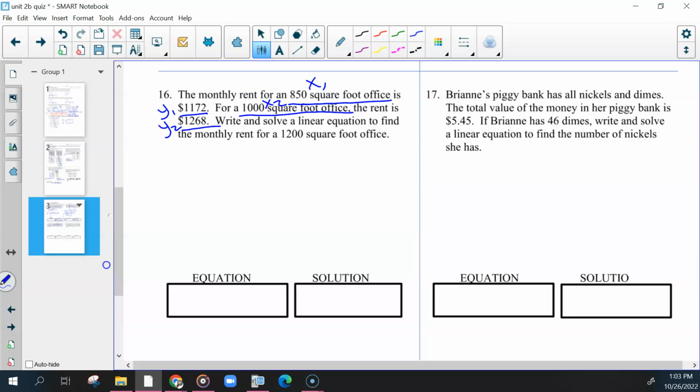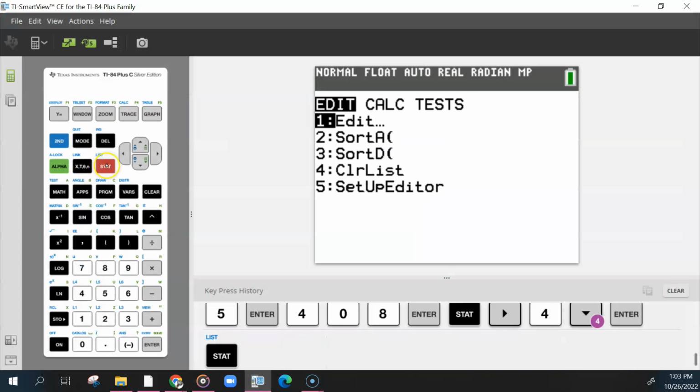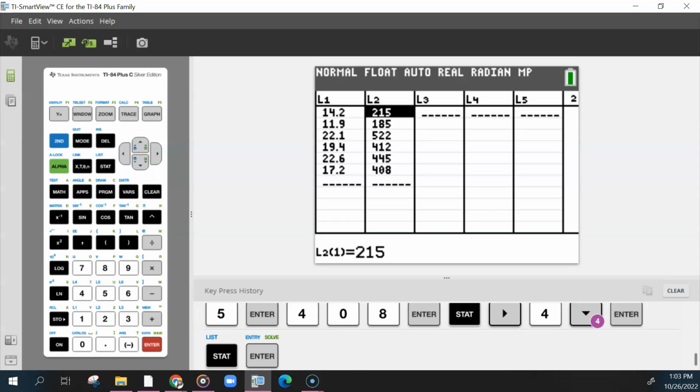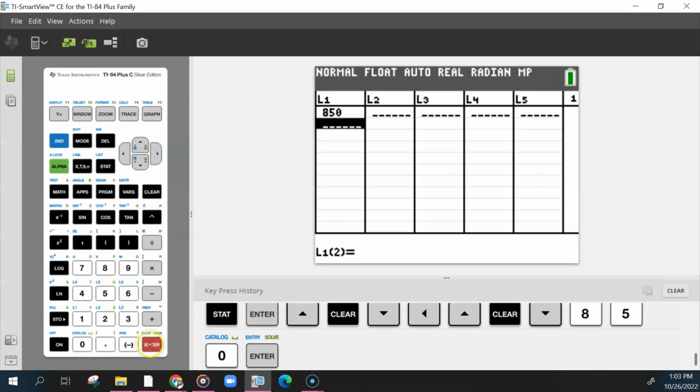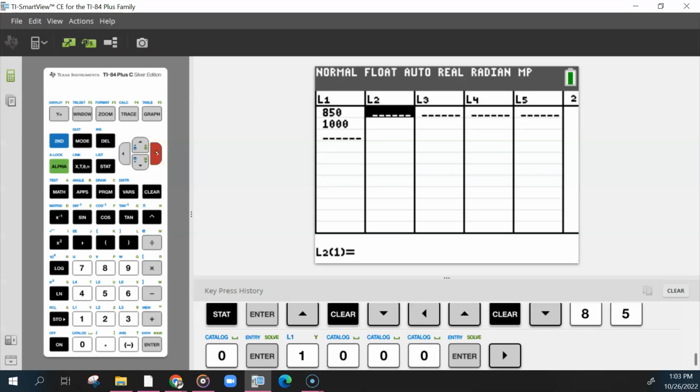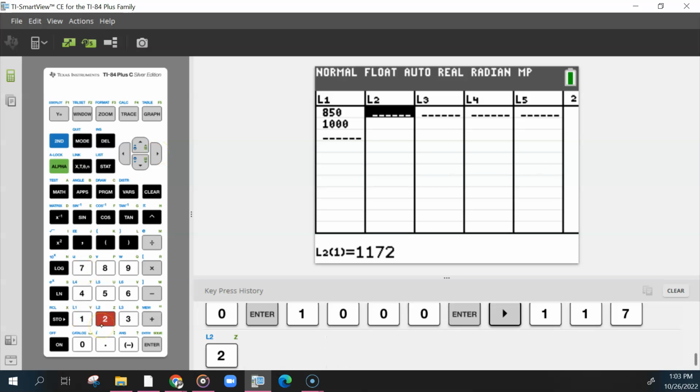Or you can use your calculator steps to find your line of best fit. I'm going to do that for the sake of time. So I'm going to go back into stat edit and clear out my list. And then I'm going to put my X's, or my square footage, in L1. And my monthly rent, or cost to rent, in L2.